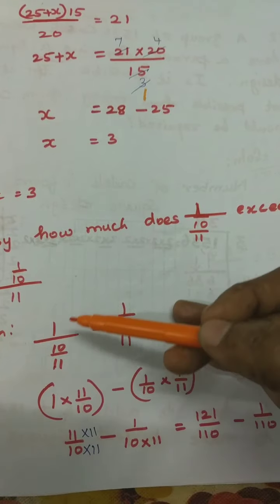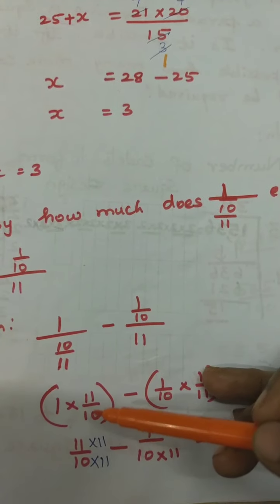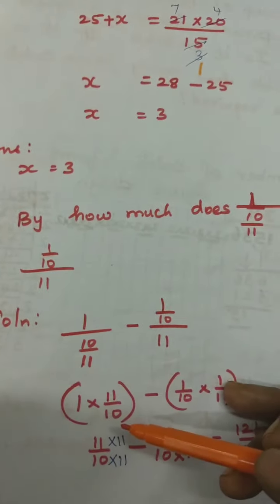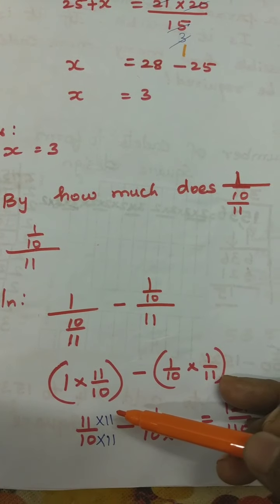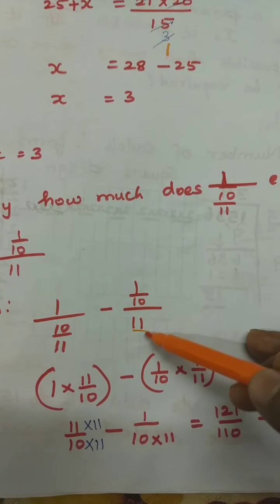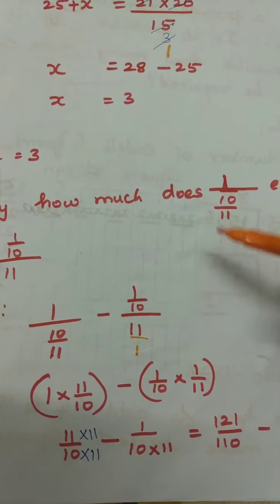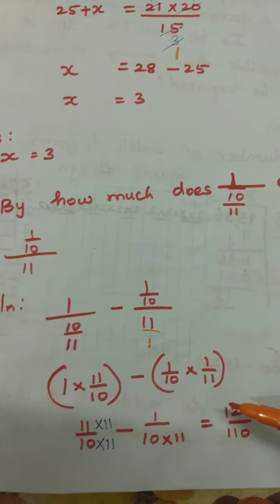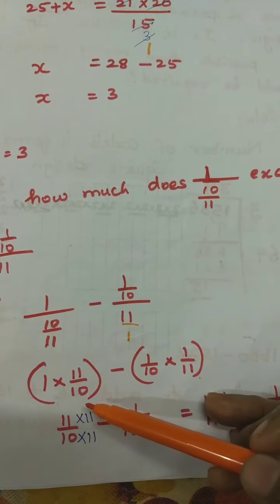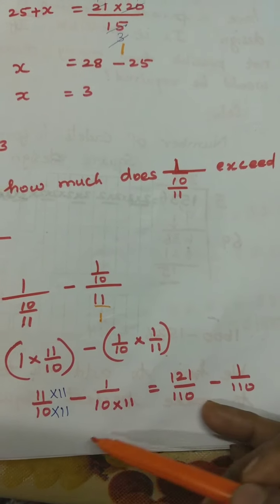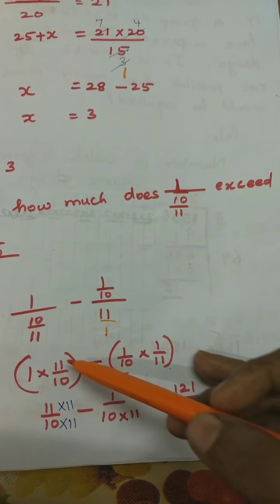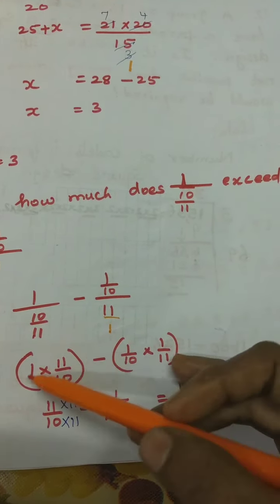You bring this to the reciprocal, so the numerator is into 11 by 10, minus here by 1 you have. You bring this, it will come as 1 by 11. Then 11 by 10 into, why are you multiplying? Here you have multiplied 11 by 10. Here you have multiplied 1 by 110.